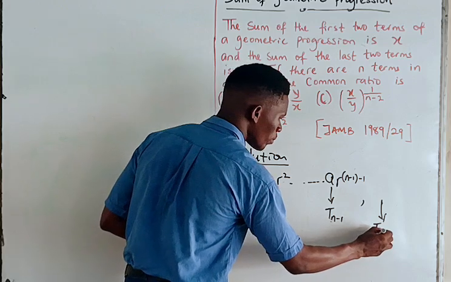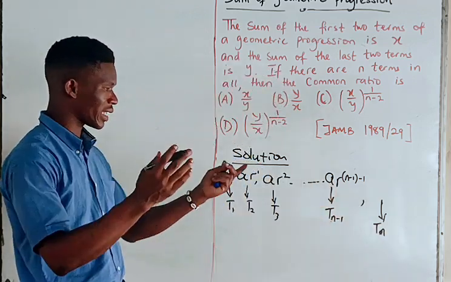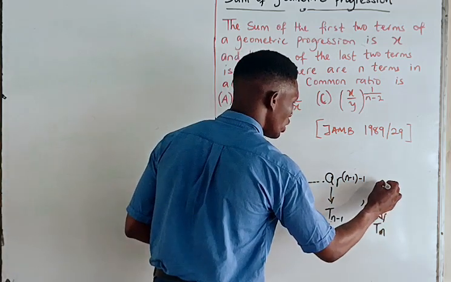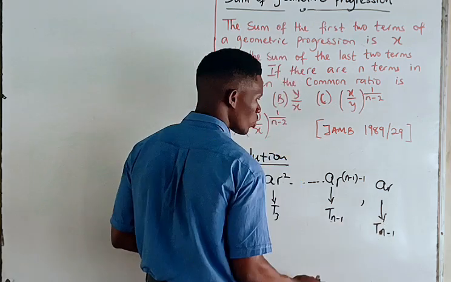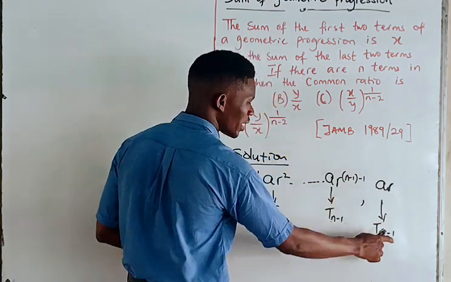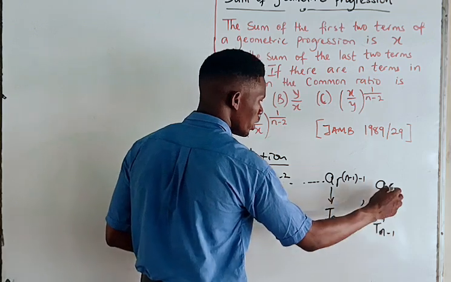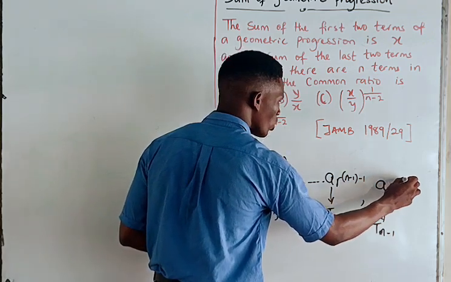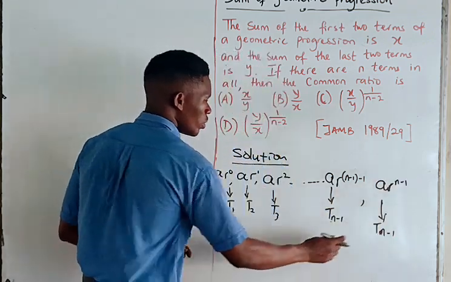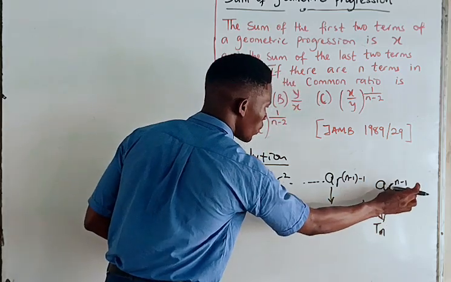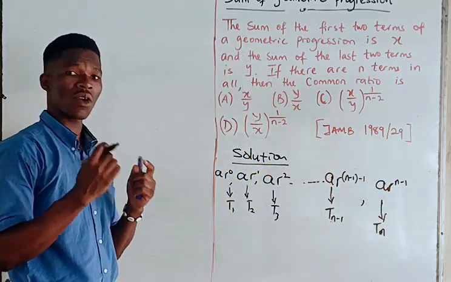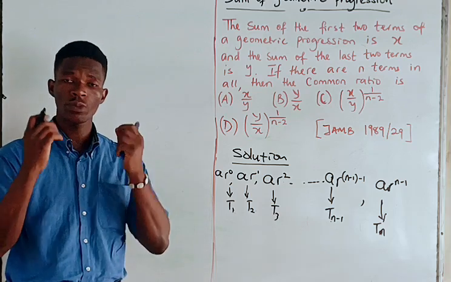That means this is the nth term, the last term. The last term will be AR, and don't forget to subtract 1 from n, so the power of R will be n minus 1. So the nth term is AR raised to the power n minus 1. In fact, that is our formula for calculating the nth term of a geometric progression.